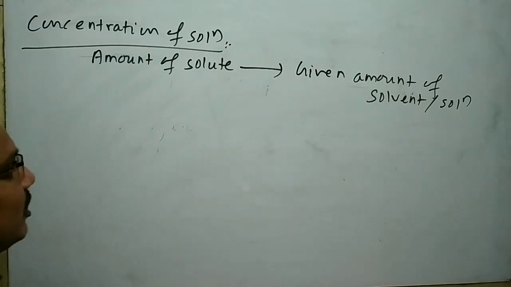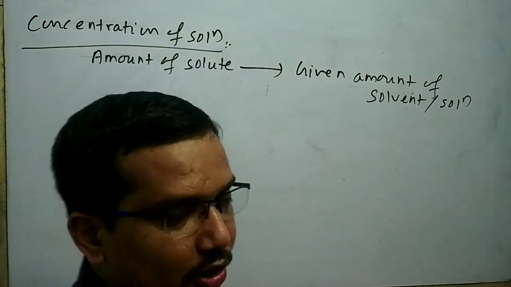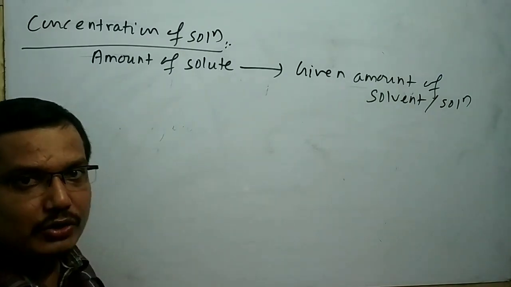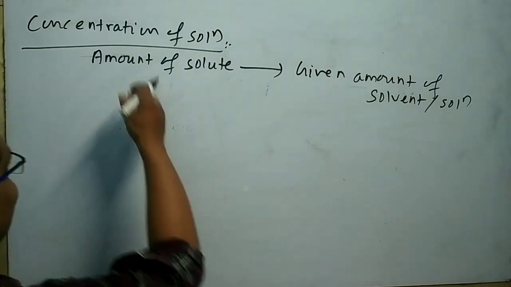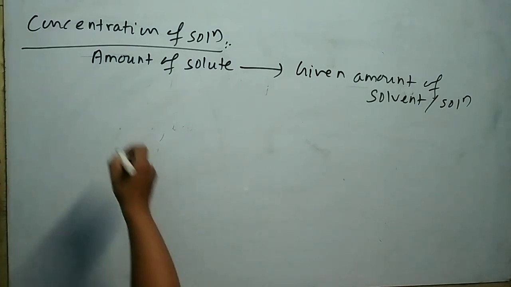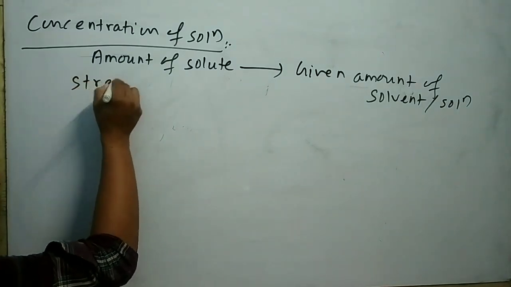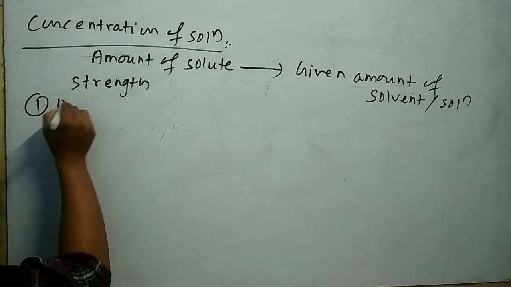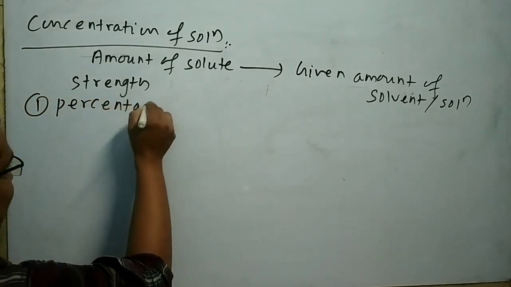Concentration of solution means what amount of solute present in a given amount of solution or solvent. Concentration of solution is also called strength. There are different ways to express the concentration of the solution. At first I will discuss about the percentage.